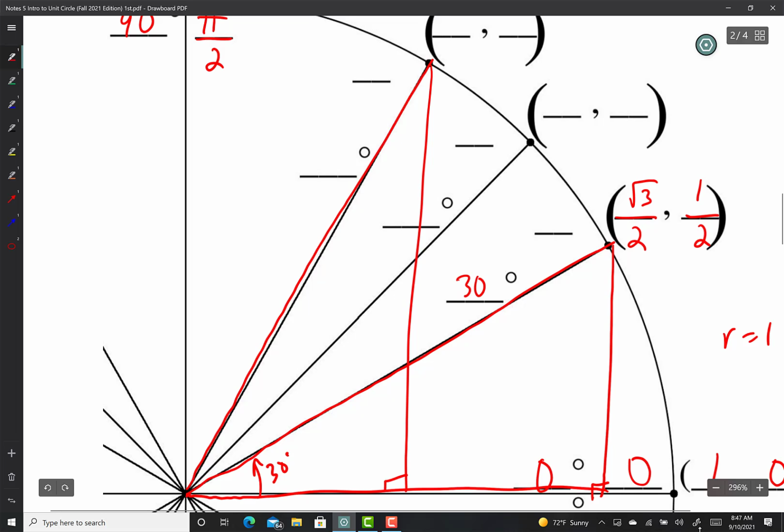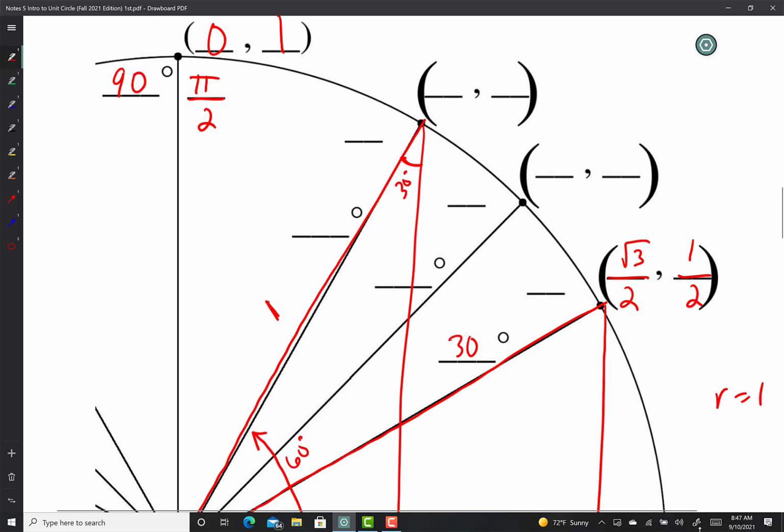Do you guys see that triangle in red? It's the same 30, 60, 90, but this guy is 30 degrees up here. So do you see how the angle just switched? So what's a 60 degree? This one. That's 60 degrees. So if the radius is still 1, if the hypotenuse is still 1, what's going to happen to my coordinates now?